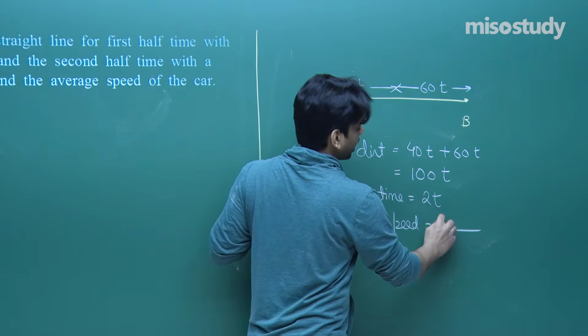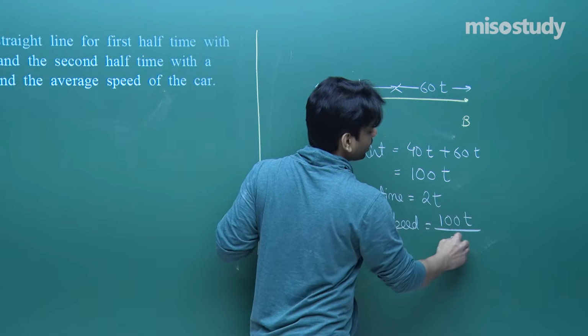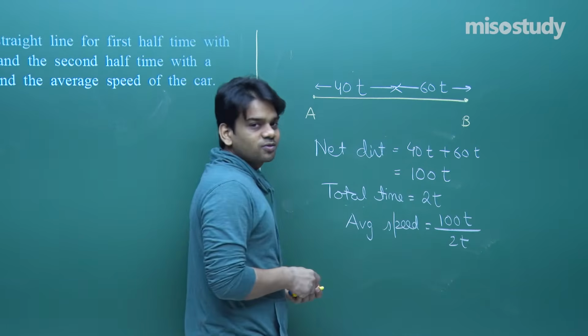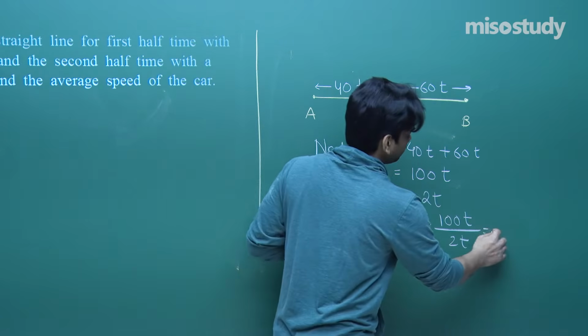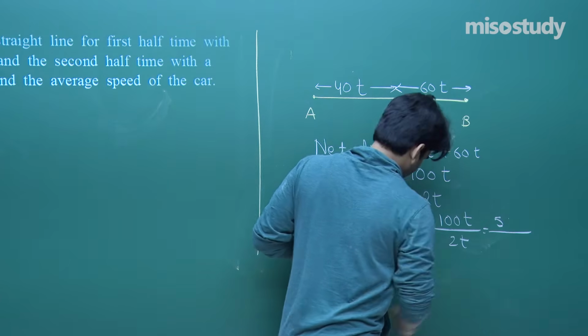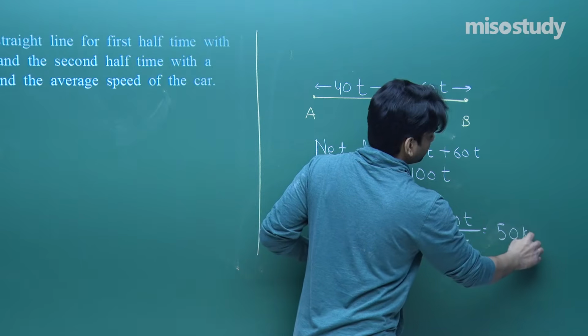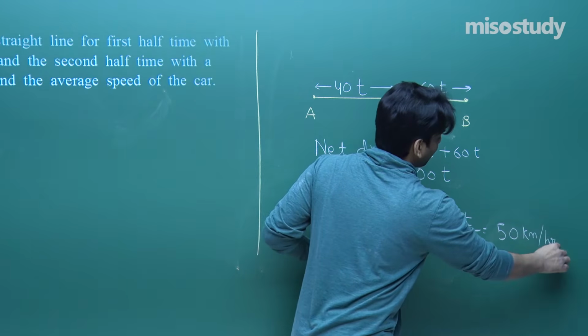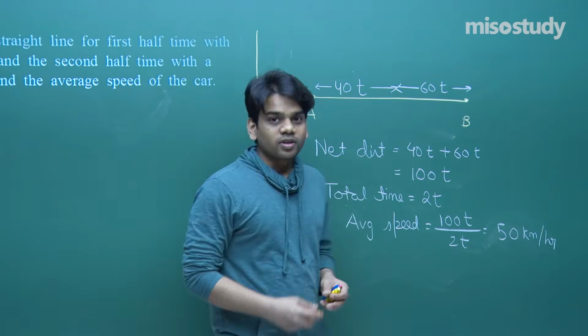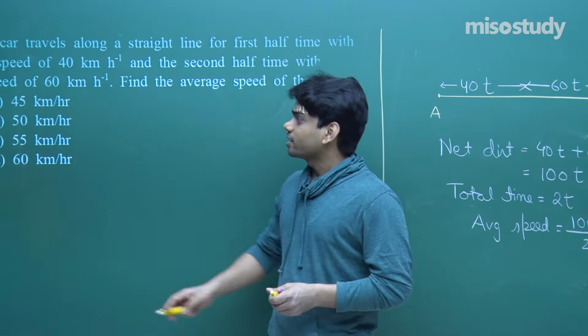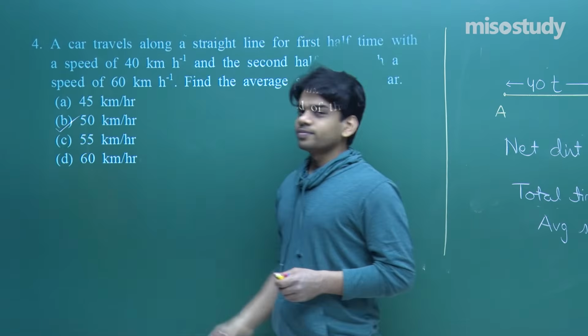Total distance upon total time, 100t divided by 2t, you will get this as 50 km per hour. This will be the required answer, 50 km per hour. So the right answer will be option number B, that is 50 km per hour.